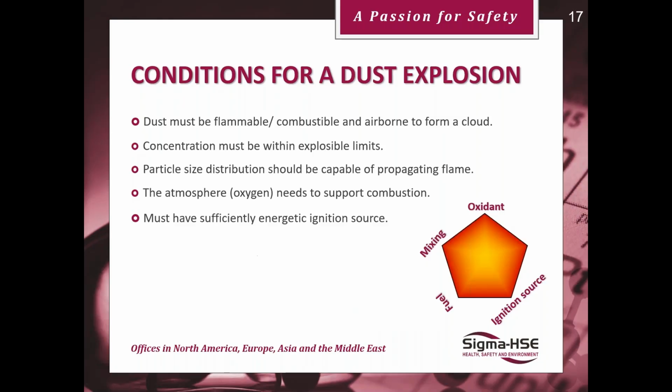If we mix the fuel with the air or the oxidant, then the dust cloud is surrounded by the air amongst it. And then we confine it. It has to be confined to form an explosion, otherwise you get a flash fire other than an explosion.